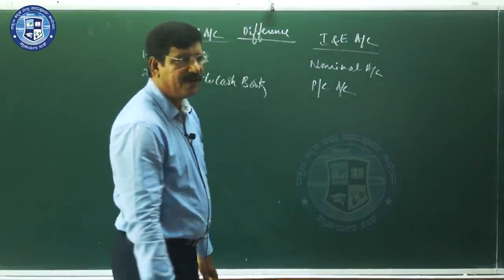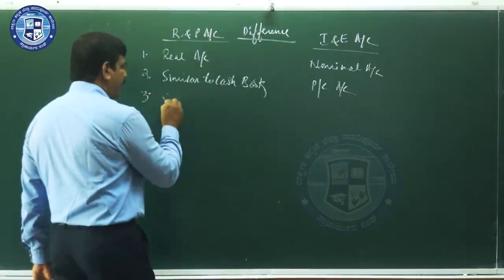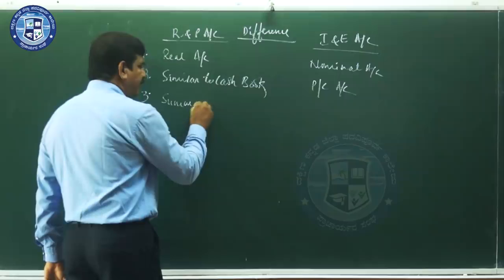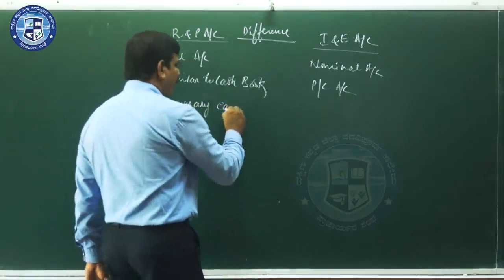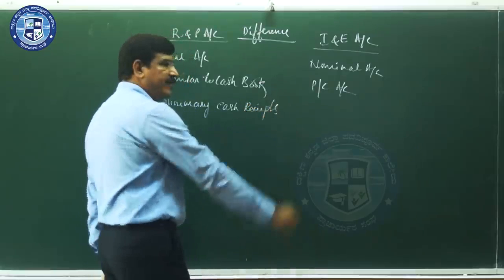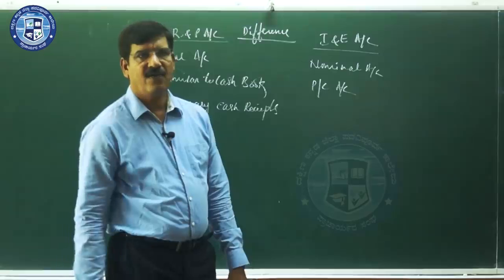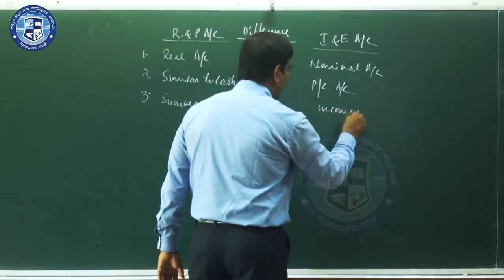And the third important difference is it is a summary of all cash receipts and cash payments, but income and expenditure account is a summary of incomes and expenses.